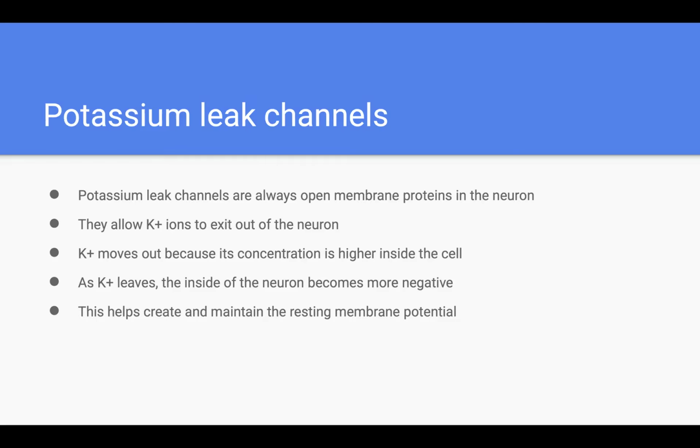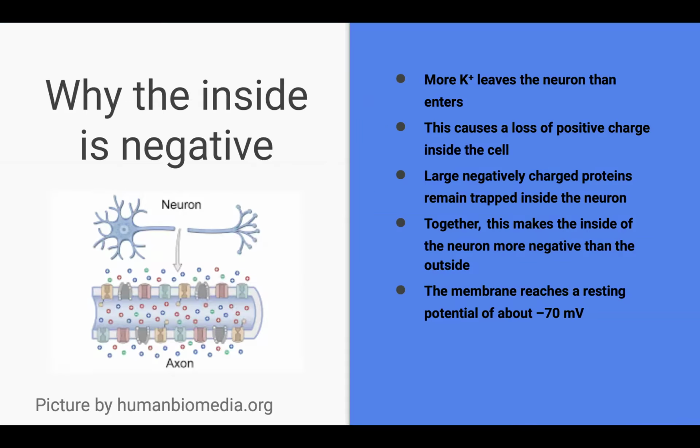And as potassium leaves, the inside of the neuron becomes more negative due to the fact that potassium ions are positively charged. This helps create and maintain the resting membrane potential because to maintain the resting membrane potential, it does need to be negative. So we need to talk about why the inside is negative.